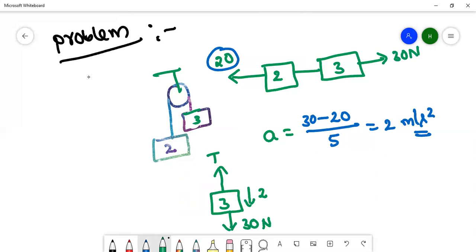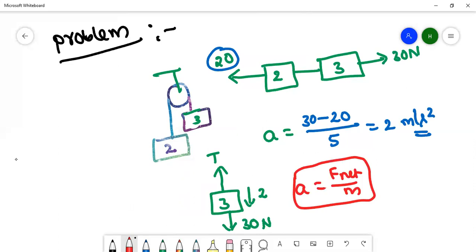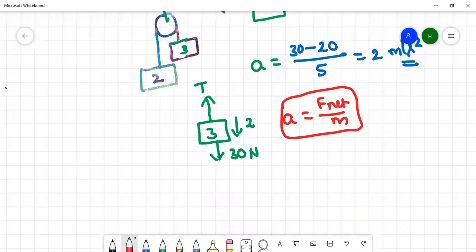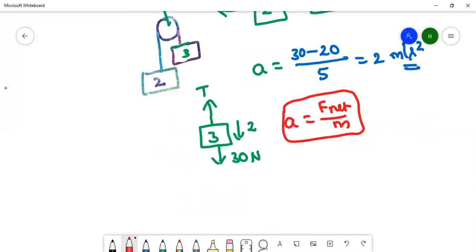Here I'm going to apply Newton's second law. So acceleration, what we know, A is equal to F net divided by M. If you find the acceleration, we got 2. So acceleration 2 is equal to F net.